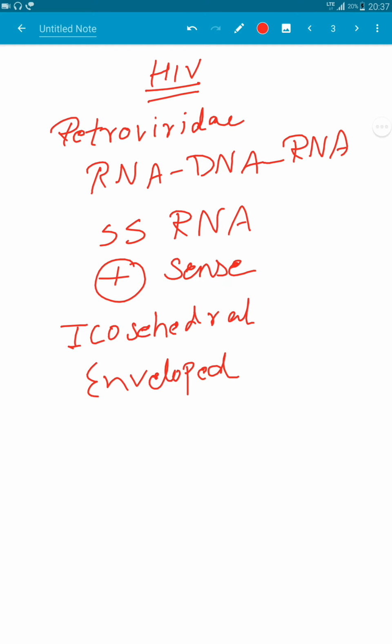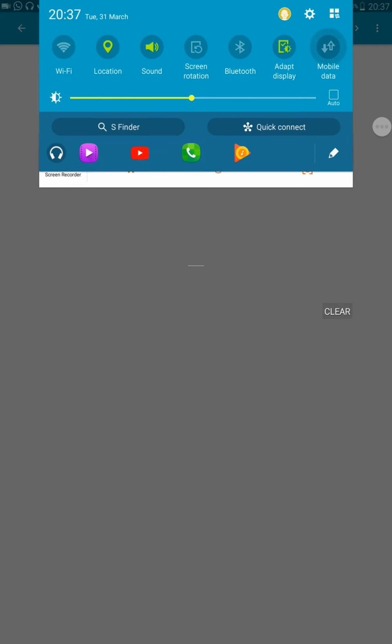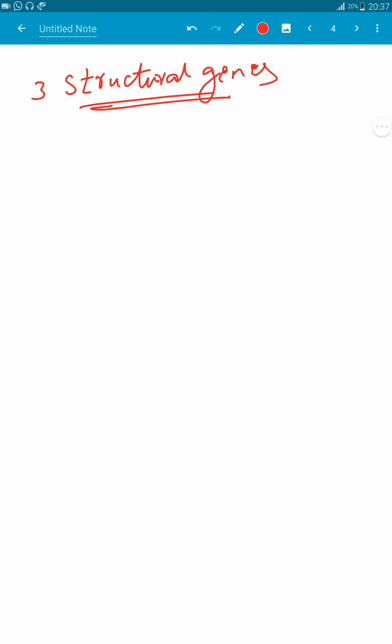And then we can see about the structure of the virus. It has three structural genes: GAG, ENV (envelope), and POL (polymerase).